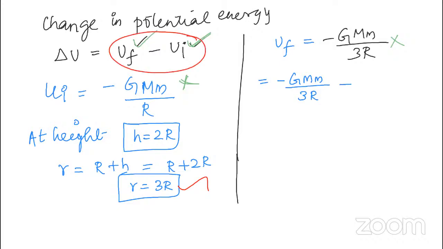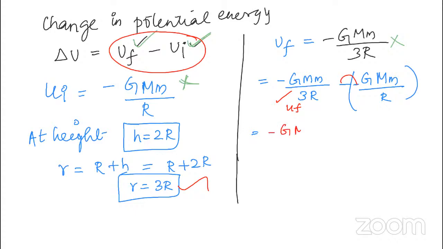So they have given the formula, that is UF minus UI. Here it is UF. What is the value of UI? It is minus of GMm divided by R. So minus into minus, it is plus.